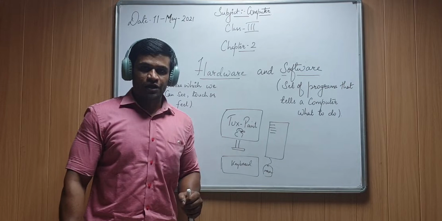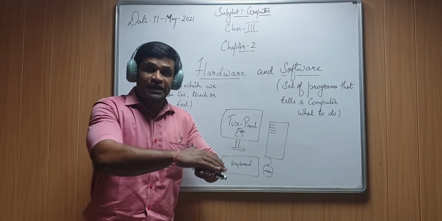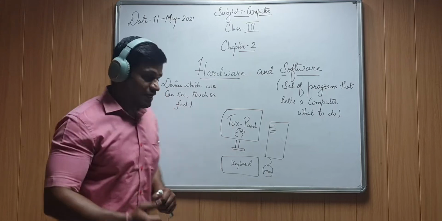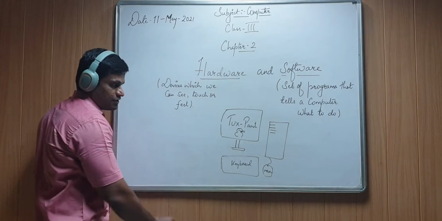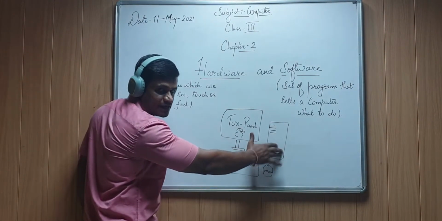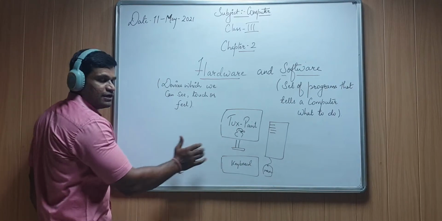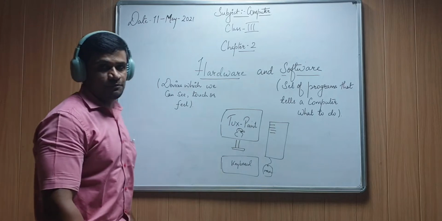If we are working on a computer, what are the different devices which we can touch, which we can feel? We can touch the monitor. Yes, the computer screen can be touched. We can feel the CPU, the keyboard, and the mouse.